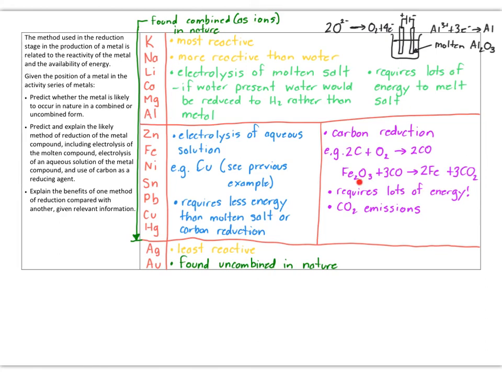Energy, high temperatures, carbon emissions, all of those things are the benefits or disadvantages of the various techniques. So, hopefully that gives you an insight into the production of metals. Thank you.